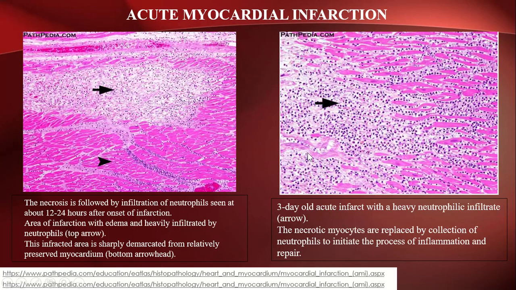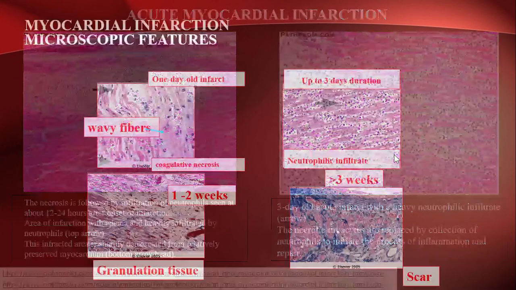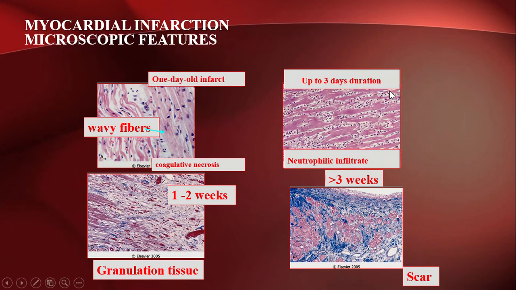Here you see a 3-day-old acute infarction with a heavy neutrophilic infiltrate, and the necrotic cardiac muscle cells are replaced by a collection of neutrophils to initiate the process of inflammation and repair. And here you also see the microscopic features of a 1-day-old infarction.